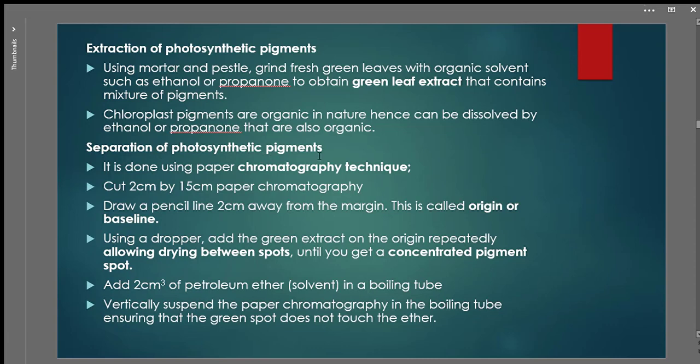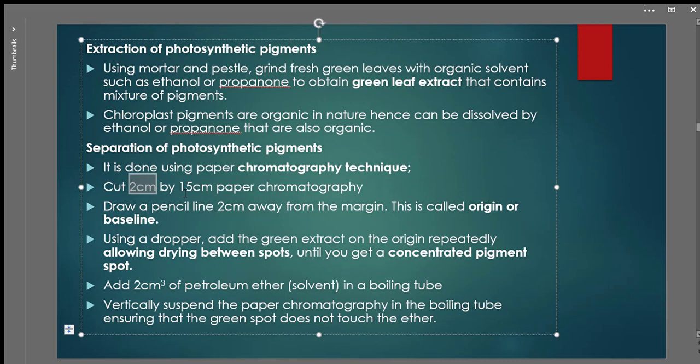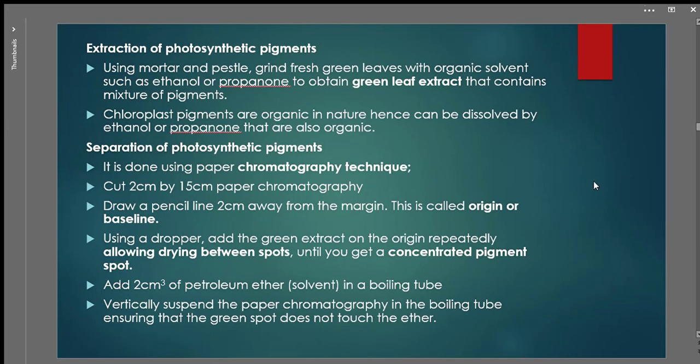Now, we want to look at the separation of those photosynthetic pigments. This one is done using the paper chromatography technique, and the paper that you are using, let's say a filter paper, which we refer to as the adsorbent material, you cut it to a given size. In this case, you are supposed to cut it to 2 centimeters by 15 centimeters, whereby now you form a strip like the one you are seeing in this slide here.